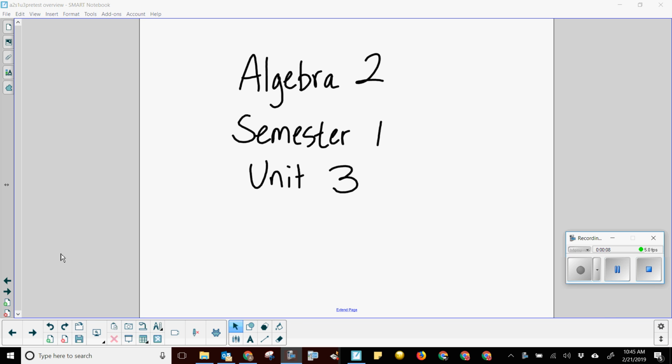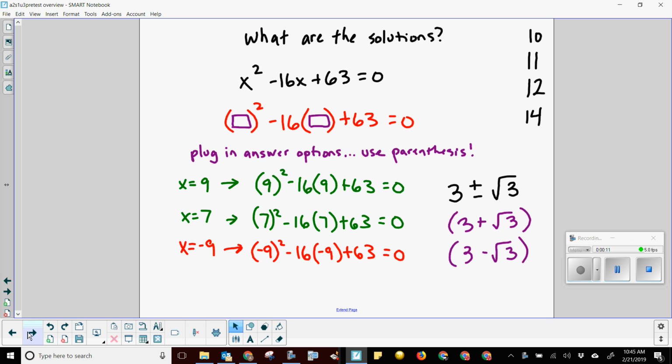We are on concept number 11, but as I go through it, 11, 12, and 14 all have to do with this. And notice I've added a little bit more. They're going to ask what are the solutions or what are the zeros or whatever it is. Just take the answers and plug them in and see if it equals what it says it's supposed to equal.